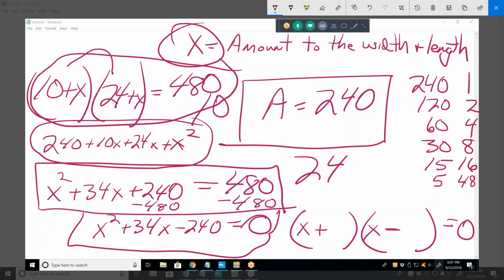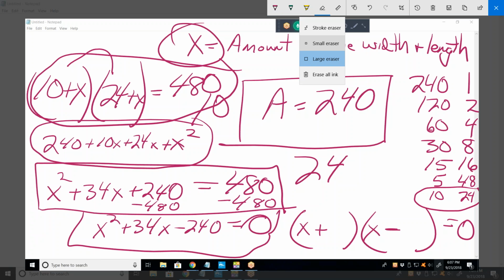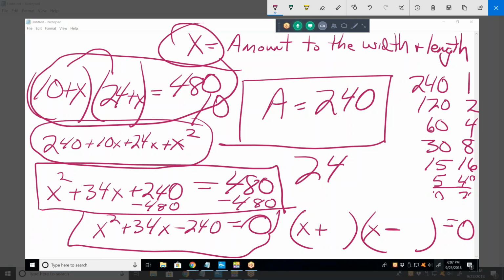I don't see any 24s on the right, so I can definitely cut that one in half and multiply this one by 2. Just found them. No, those add to 34. They don't subtract to 34, so that ain't it either. However, I'm just going to keep going until I stop finding unique factors. Okay?